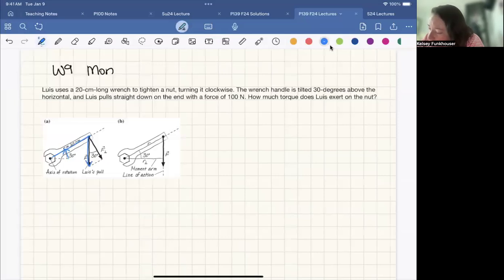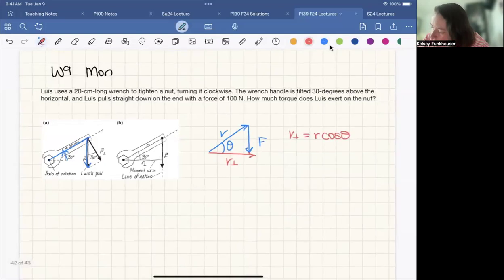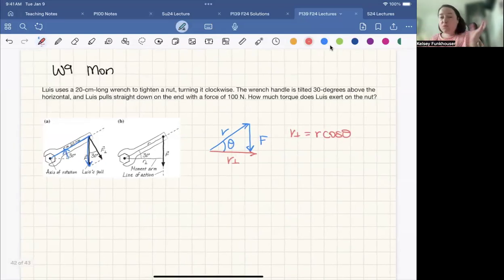So we can do one of two options. First, let's look at just this option. There's our radial line, there's our force, and we know this angle. We can find the perpendicular component of the radial line to find the torque. And so our perpendicular is our cosine theta, because this is adjacent to the angle. So that's one way we could do it.